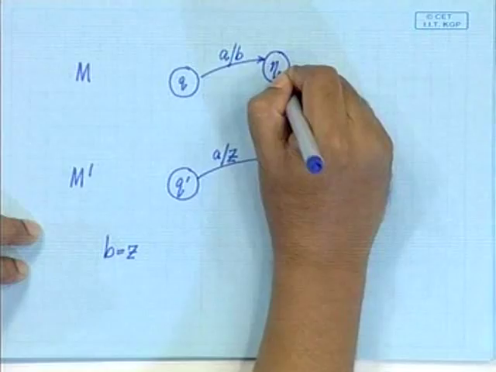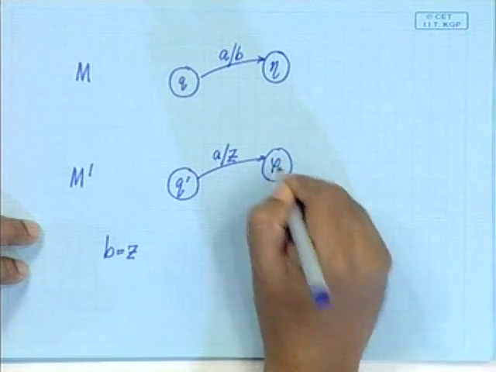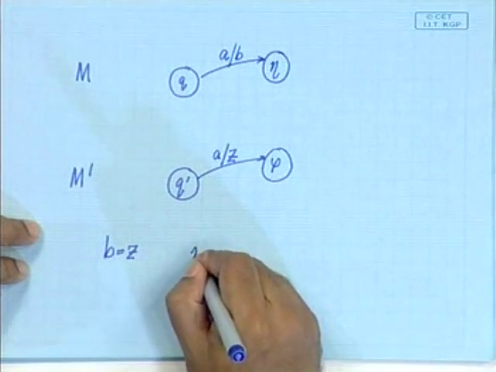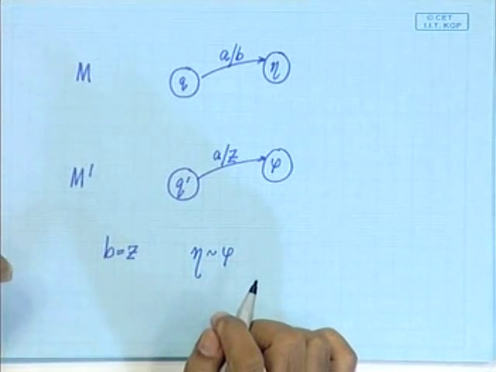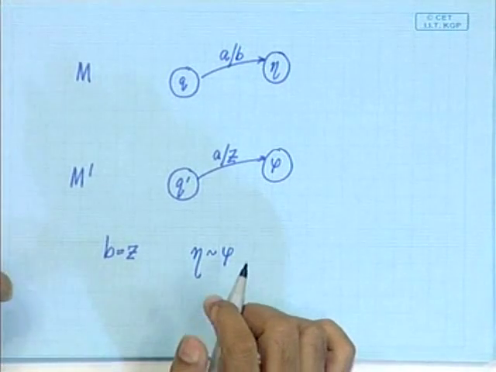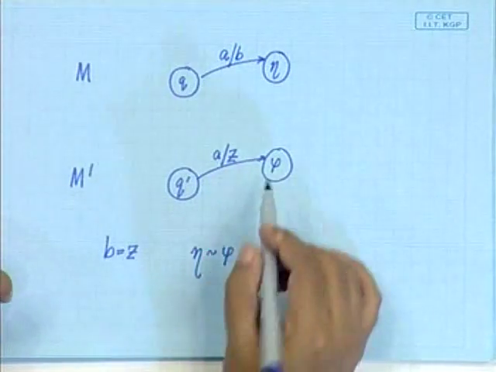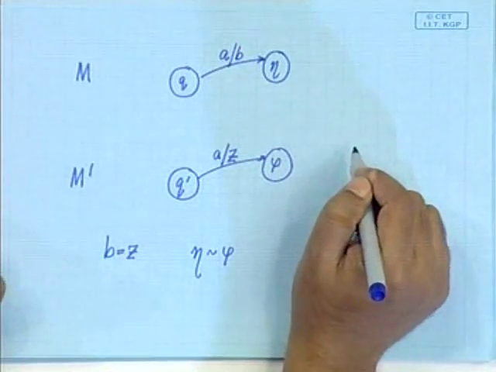So, they should produce the same output on the same input, and if this state is eta and this state is var phi, then eta and var phi must also be equivalent, right. So, what do these two together mean? If these two are equivalent, then again from here the same thing will hold.